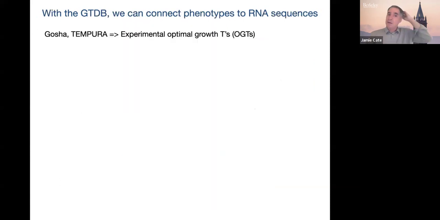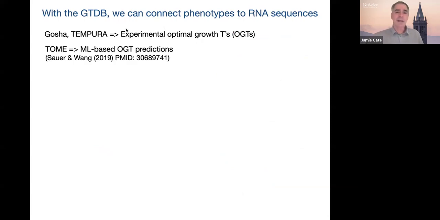The other thing about having the GTDB is that we can start to assign phenotypes to those RNA sequences. The one we were interested in was optimal growth temperatures of the organisms. All those genomes come from organisms, and we were able to take a different machine learning model that predicts the optimal growth temperature of a microbe.